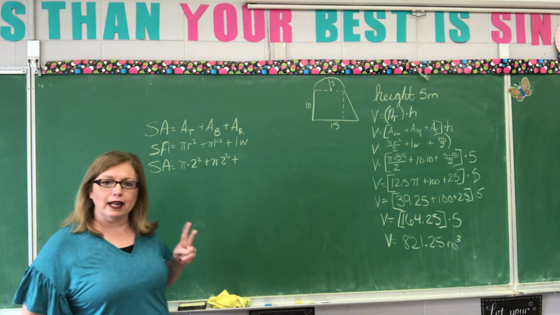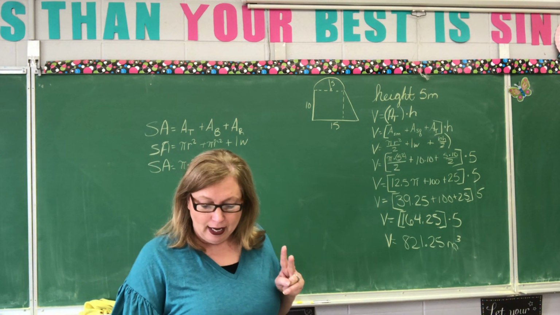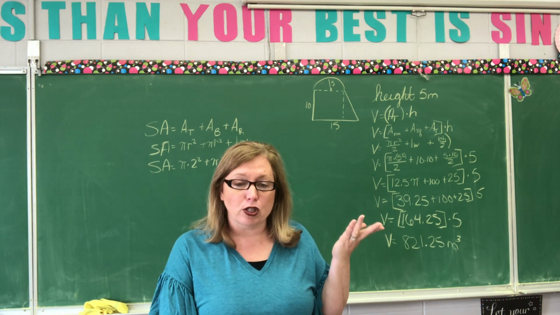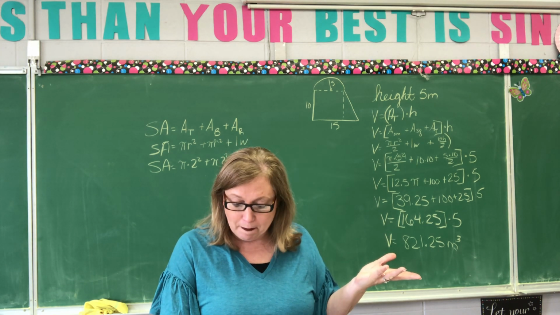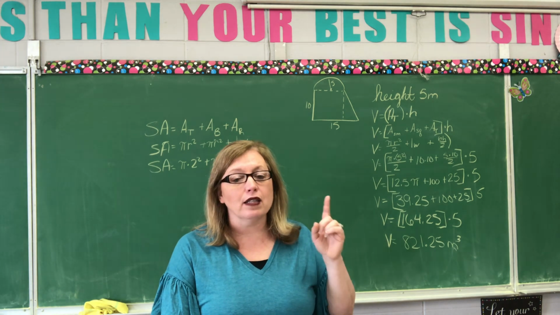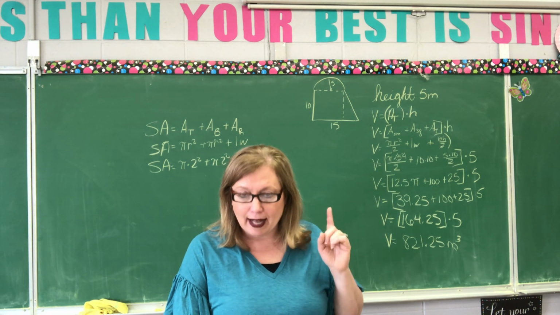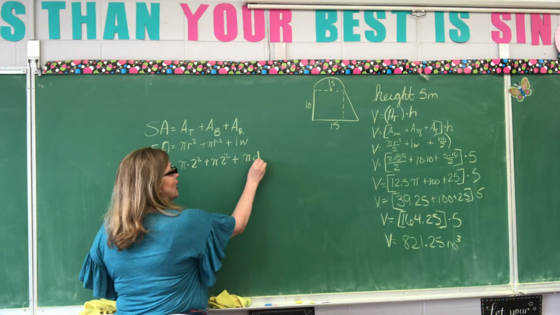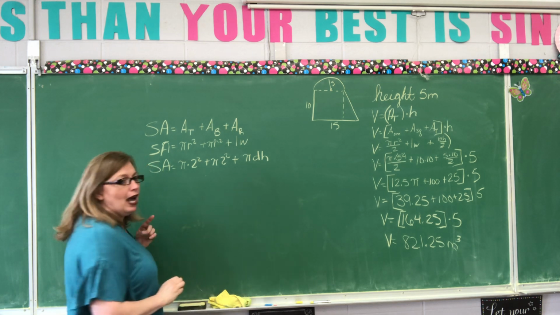Now let's look at the length and the width of our rectangle. First of all, because it's a cylinder, we know that we're going to use pi. And then we're going to multiply that by the diameter and the height. So we're going to say pi times diameter times height.